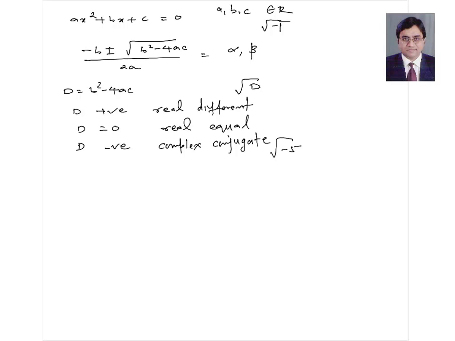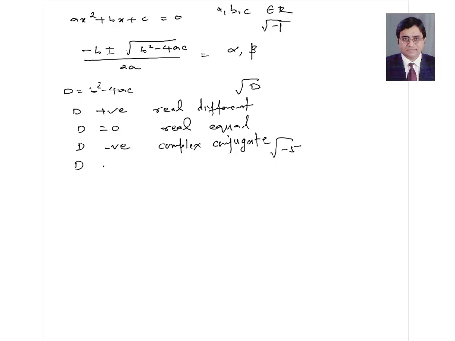Now one more thing is that if D is a perfect square, something like 4, something like 9, something like 121, then it means root D would be rational. If D is 4, root D is 2. If D is 36, root D is 6. If D is 121, root D is 11. Root D is going to be a rational number if D is a perfect square.